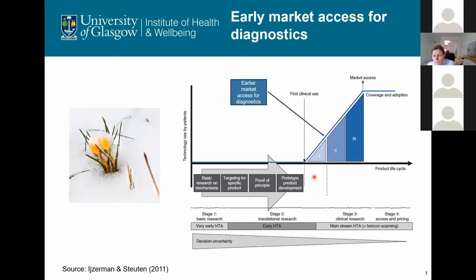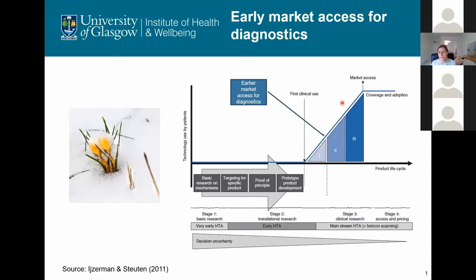I'm sure most people listening to this will be aware that this kind of three-stage clinical evidence gathering exercise that's demonstrated here with the three-phase clinical trials is not typical for diagnostics.